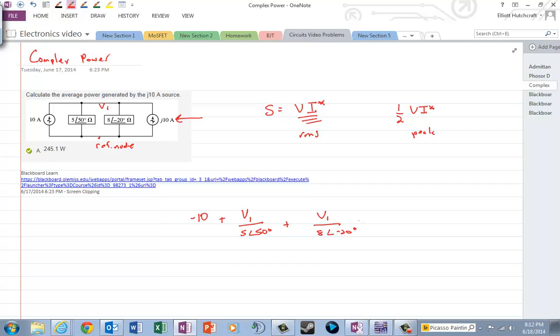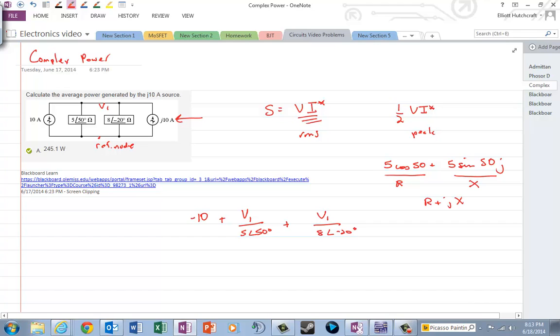Now notice this 5 angle 50 degrees and 8 angle minus 20 degrees. If we calculate, for example, the 5 angle 50 degrees, we could say that's 5 cosine of 50 plus 5 sine of 50 times j. So it is a complex number, and it contains a resistive component and a reactive component, so that we could say it has R plus JX.